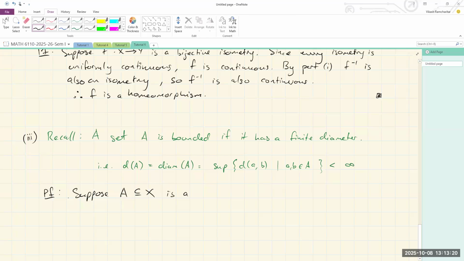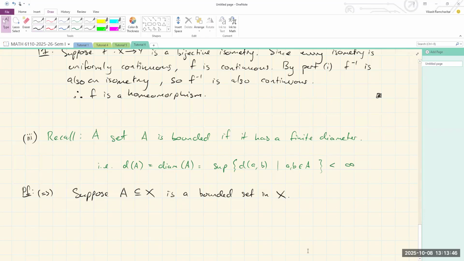So maybe I should have said we're going this direction. Okay. So suppose A, which is a subset of X, is a bounded set in X. I want to show its image, f of A, is also bounded.